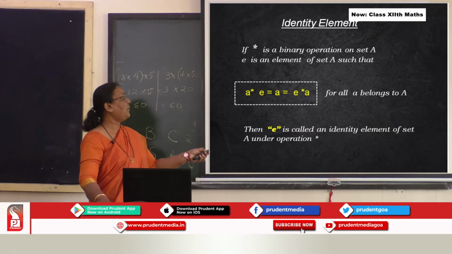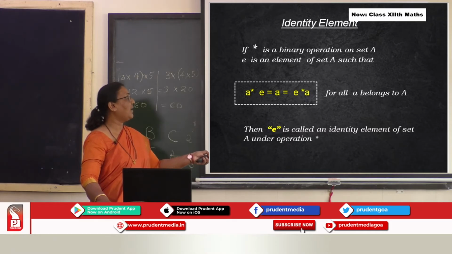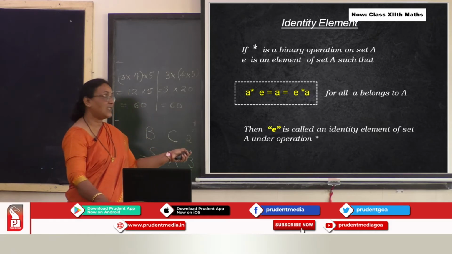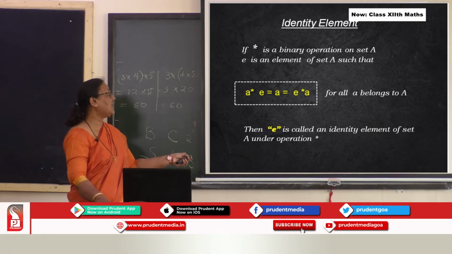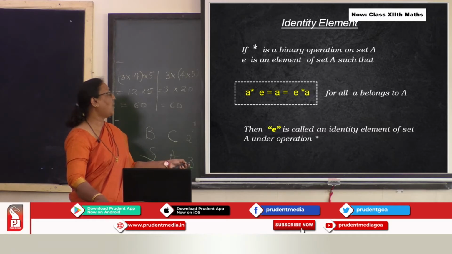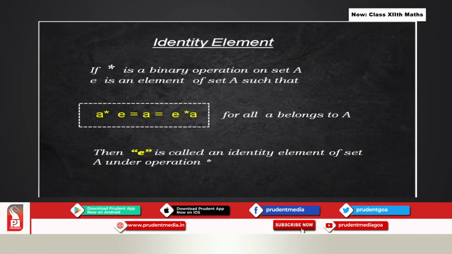For all A belonging to the set, each and every member of this set, if this condition is satisfied, then this E is called the identity element of the set under the operation star. Whatever operation is there, under that operation, this E is called the identity element of set A. This is the definition of identity element.